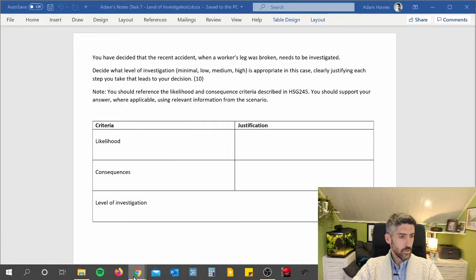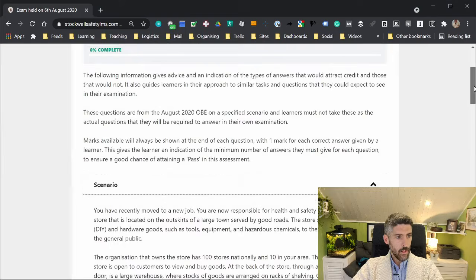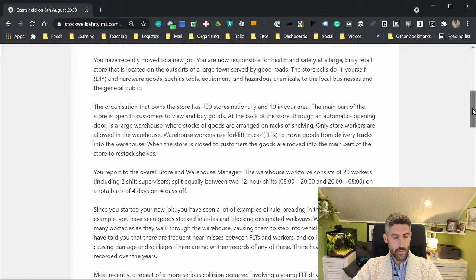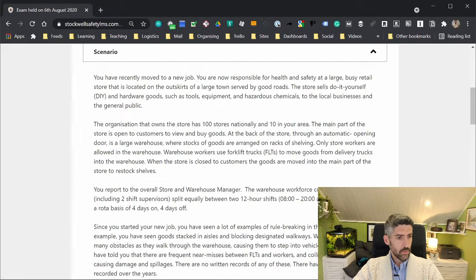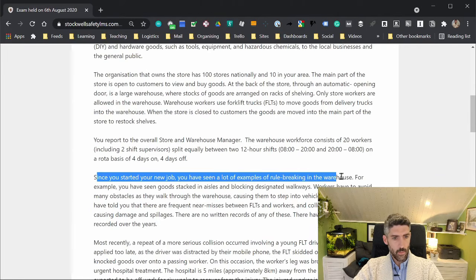So if we go to the scenario and start reading through it with likelihood in mind. What is it about the scenario and the information that makes me think there's a very high likelihood that there's going to be another incident again fairly soon? The first few paragraphs don't really yield much, but then you start to see information like this. So since you started your new job, you've seen lots of examples of rule breaking in the warehouse.